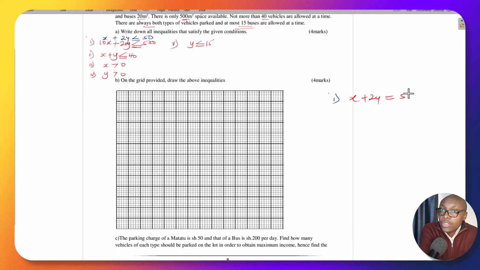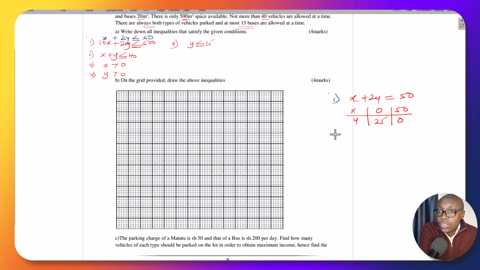Always work with the intercepts, x and y. You need at least 2 points to draw that line. For example, when x is 0, y will be 25. Then when y is 0, x will be 50. So those 2 points are enough.